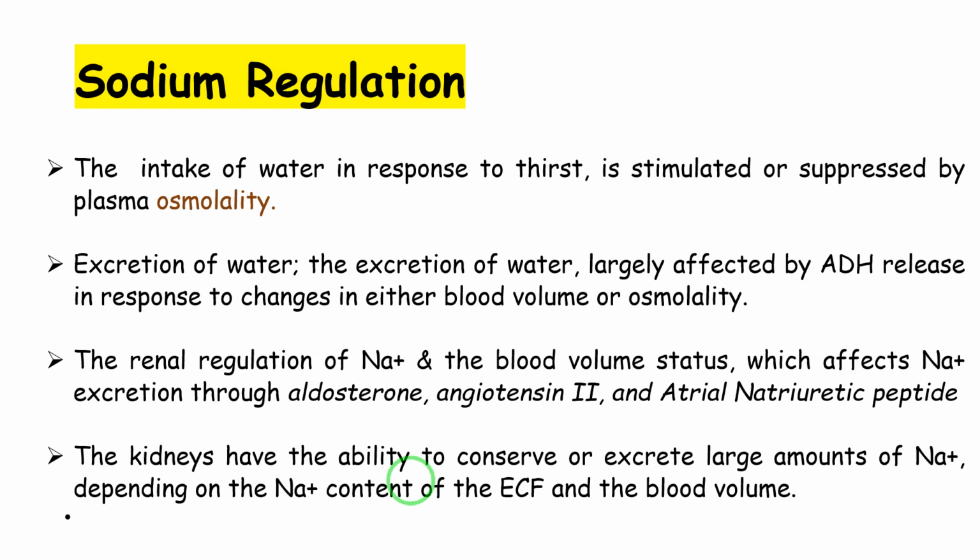The kidney has a great ability to excrete large amounts of sodium, or it can reabsorb and conserve sodium, depending on the sodium content of the extracellular fluid and also on the blood volume. All these can be controlled through the effect of aldosterone, which is a mineralocorticoid from the adrenal cortex, through angiotensin 2, and also through the atrial natriuretic peptide from the atrium.